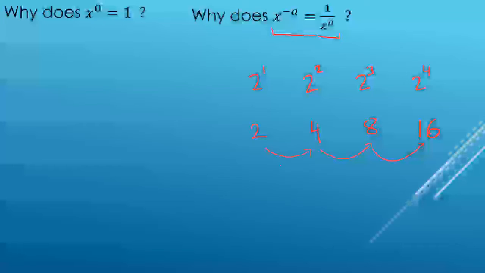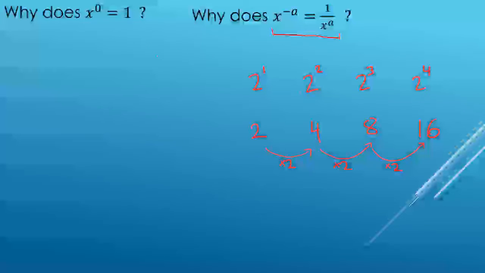So 2 times 2 is 4. 4 times 2 is 8. And 8 times 2 is 16. The reason is because we're doing powers of 2. Every time we increase the exponent, we're just multiplying an extra 2 into the math problem.